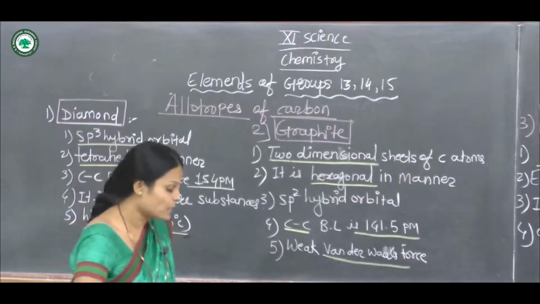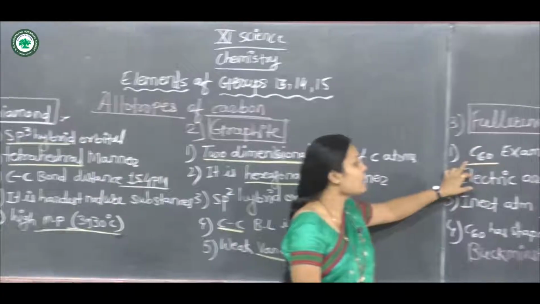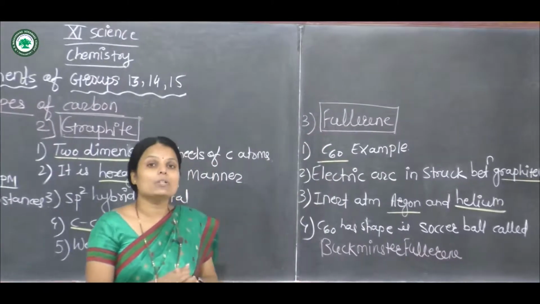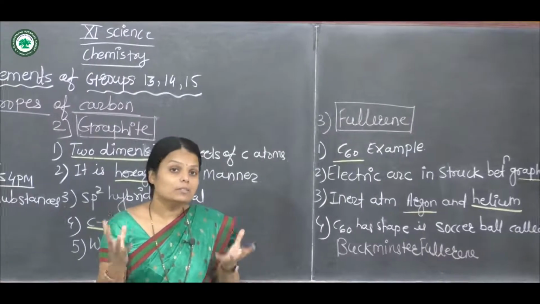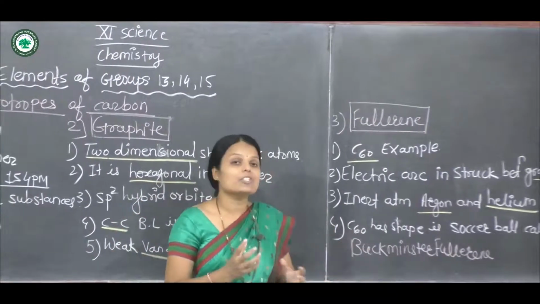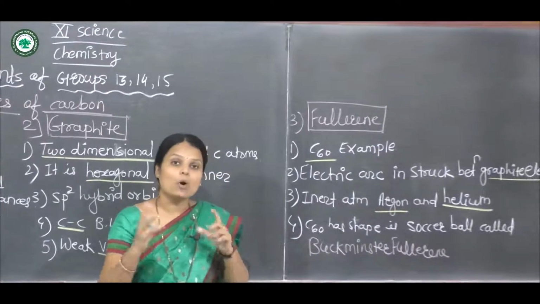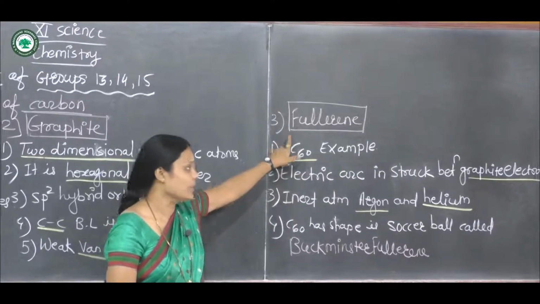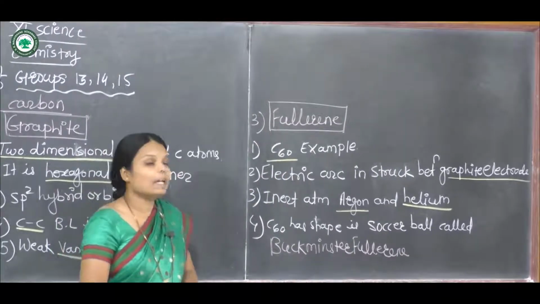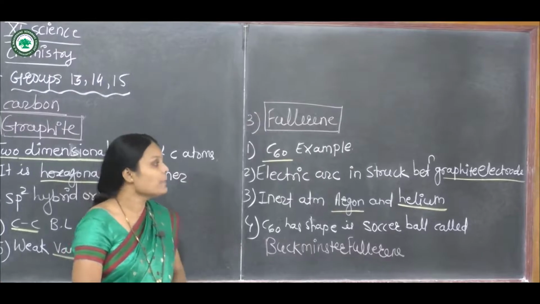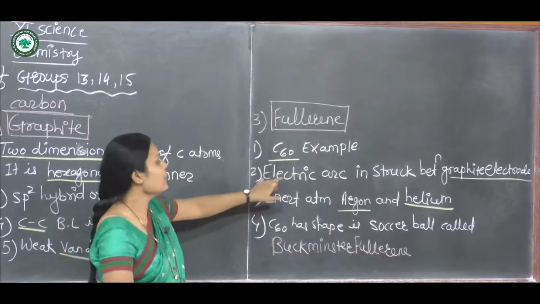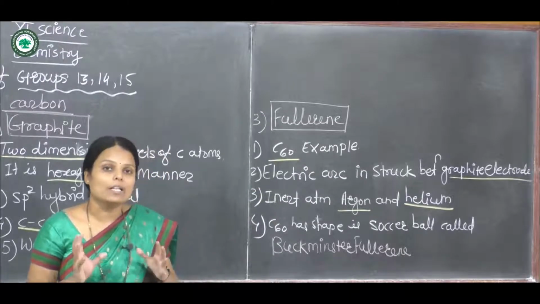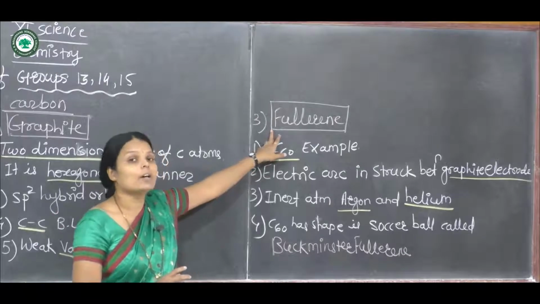C60 is an example of fullerene, meaning 60 carbon atoms are present in the fullerene. The C60 compound has a football-like structure, a spherical ball shape. In the preparation of fullerene, an electric arc is struck between graphite electrodes.